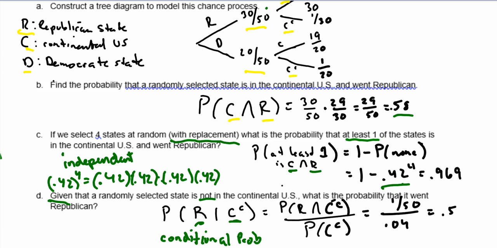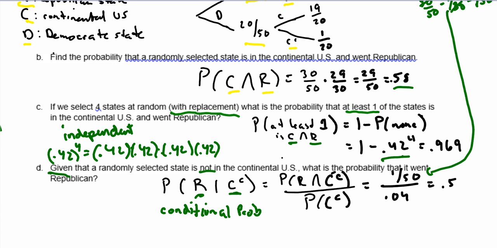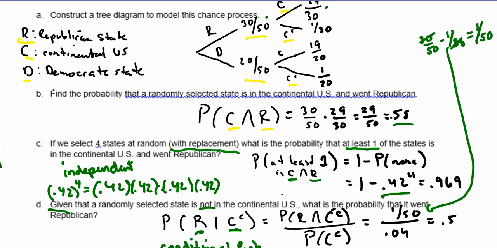Multiplying those two probabilities together, we took 30 over 50 times 1 over 30. These cancel out, and we're left with 1 over 50. If you're wondering where that came from, that's what we have there. Next, we were trying to figure out the probability of not being in the continental U.S. There are two different probabilities for that one: Republican would be 1 out of 50, and Democratic would be 1 out of 50.